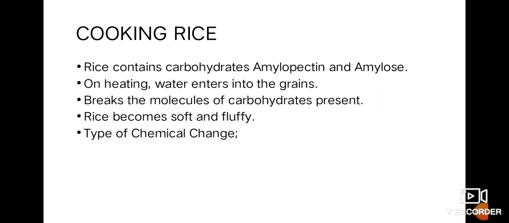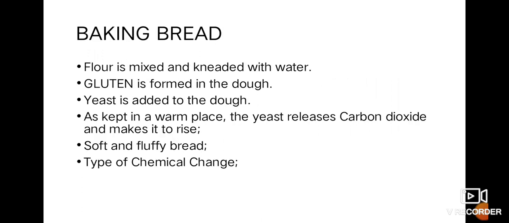As they are broken down, the rice becomes very soft and fluffy, and thus we can have it easily. Hence, since the original and the new substance is completely different, that's why we consider it to be a type of chemical change.